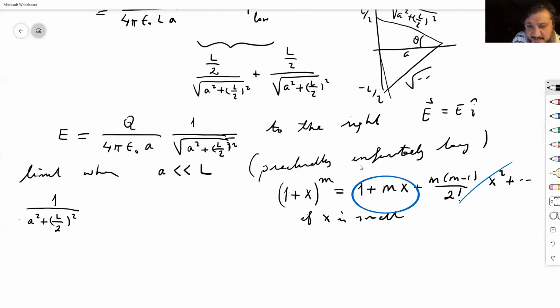What if I take L over 2 out? So 1 over L over 2 times, right? So that 2 goes with A now. So I will have 2A over L squared plus 1, something like this, right?